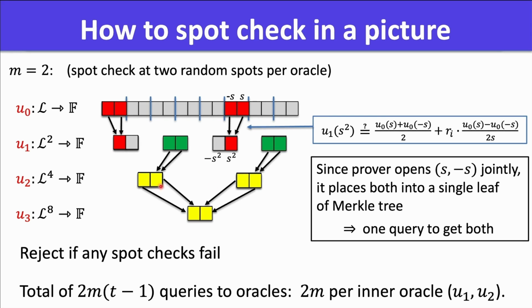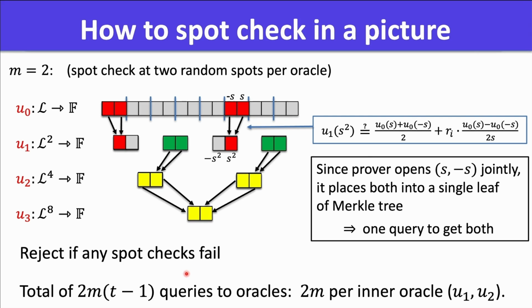Similarly, we made 2m queries into u2. Really, we made 2m queries into each one of these inner oracles, plus we made m queries into u0 and we made m queries into u3. So overall, the number of queries is 2m times t minus 1. Okay, so we made a total of 2m times t minus 1 queries into all the oracles that the prover presented to us.